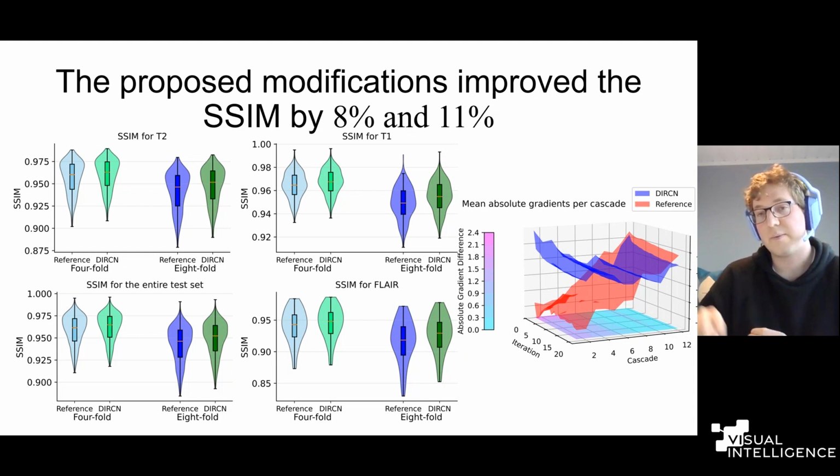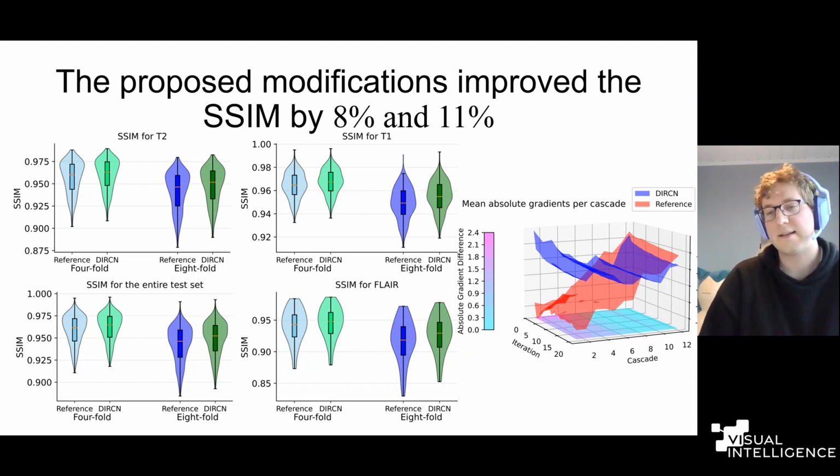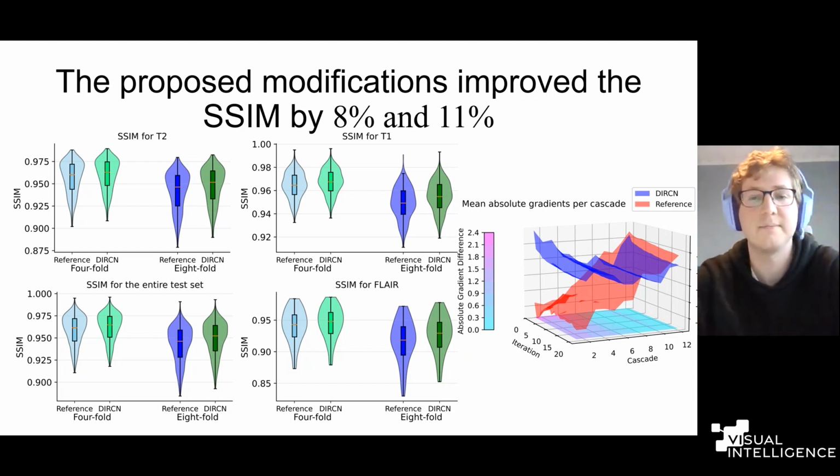And as you can see on the rightmost figure, the gradients are a lot more stable and a lot higher in general, and they don't degrade the deeper into the network you go, in contrast to the reference model, which is the red one. You can see that the first cascade had almost no gradients remaining in contrast to the last one.